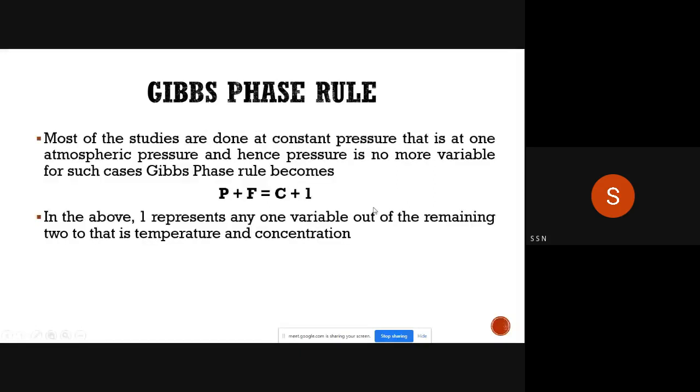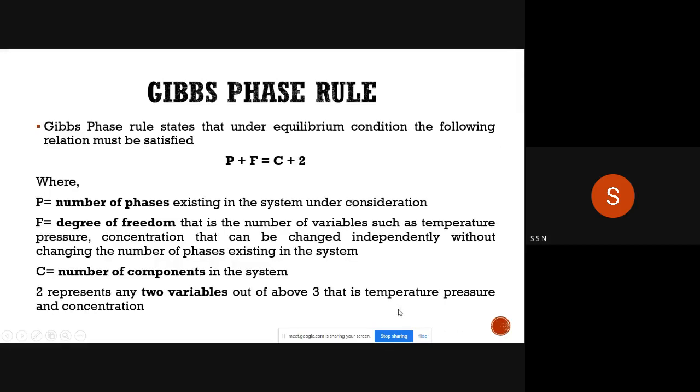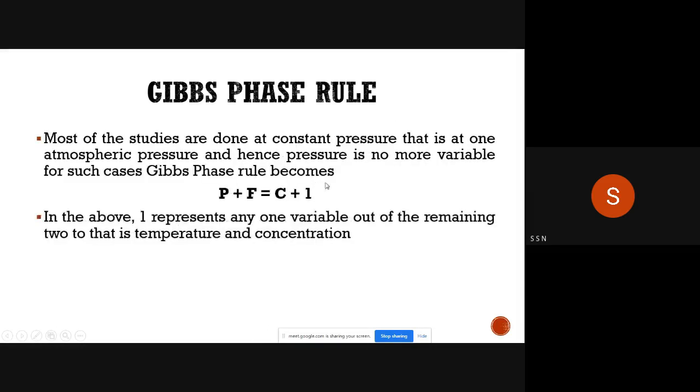But many times, we are considering constant pressure, so one of the variables is kept constant. So in that Gibbs phase rule, only one parameter will be considered out of these 3, because pressure automatically is constant. Out of temperature and concentration, we will write 1 instead of 2 if that study is under constant pressure.